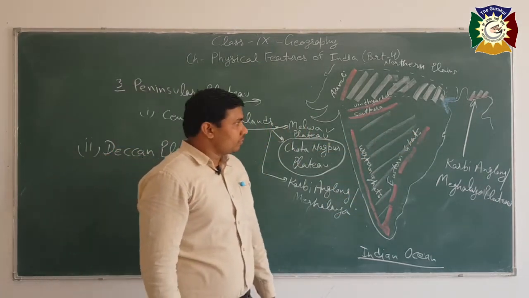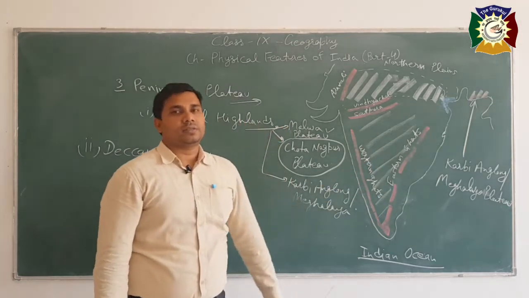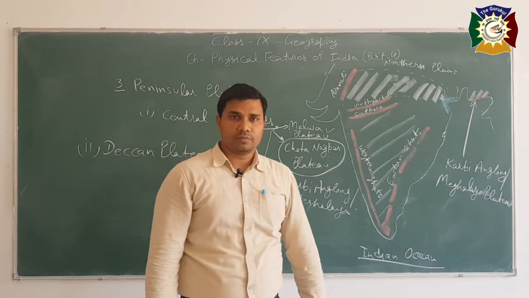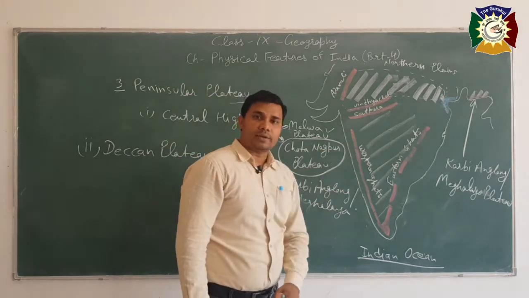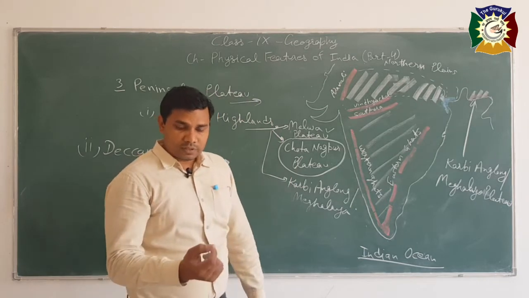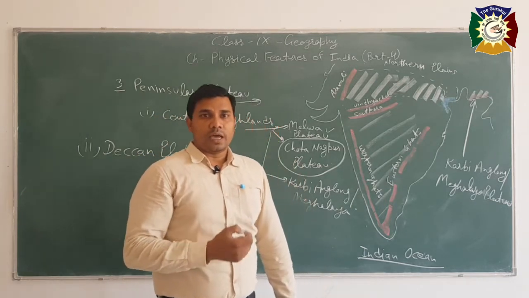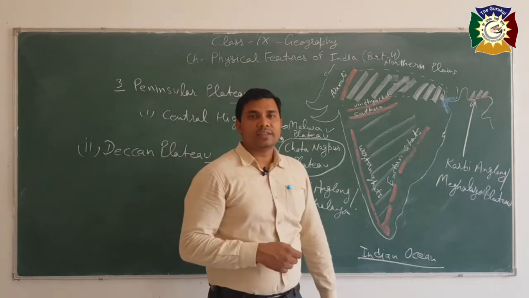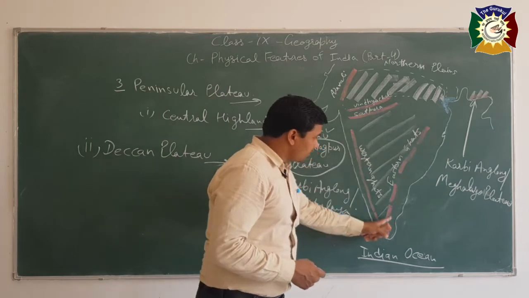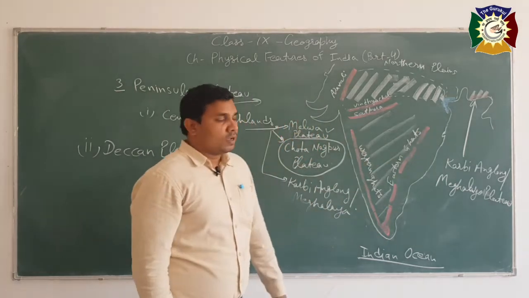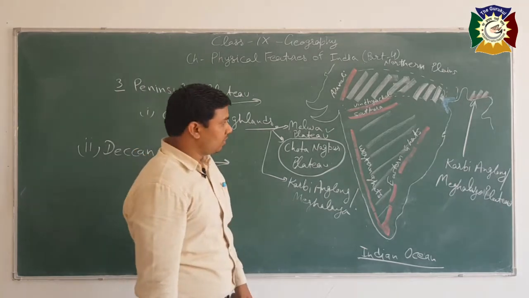Deccan plateau, as we know, is made up of igneous and metamorphic rocks. That's why we find black soil here, and even some conchers are also there. The rocks have basalt and calcium. So this is a hard surface area. And now about the slope of this plateau.